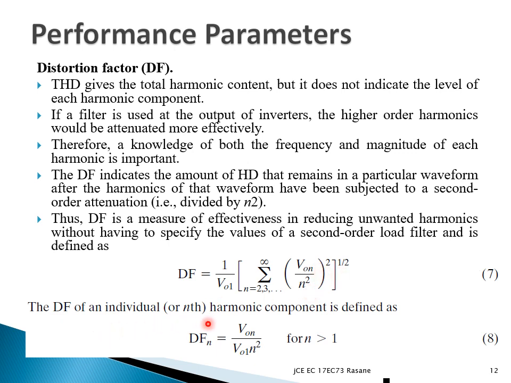The DF of an individual, or nth, harmonic component, the nth harmonic distortion factor, is equal to V0n upon V01 n squared for all n greater than 1. So these are the terms that we have to be familiar with.